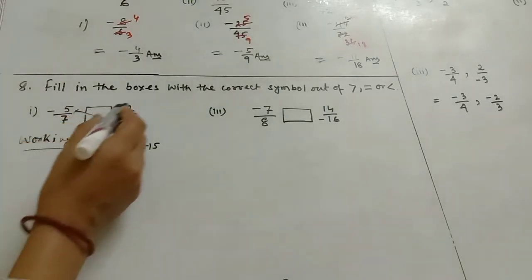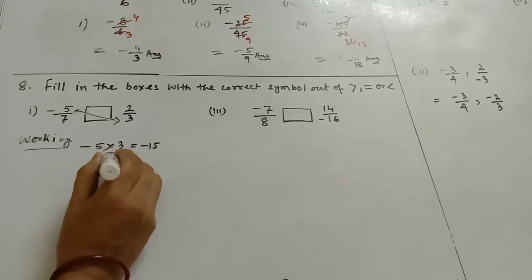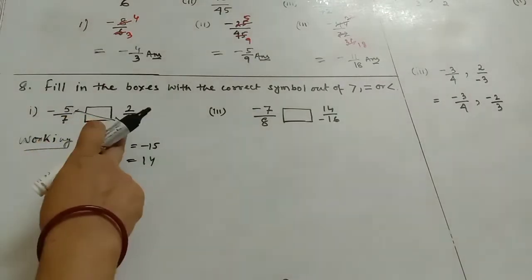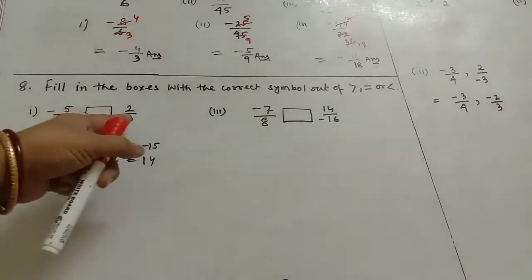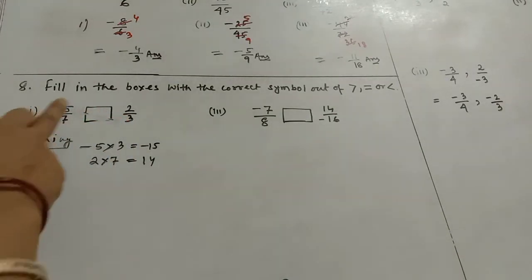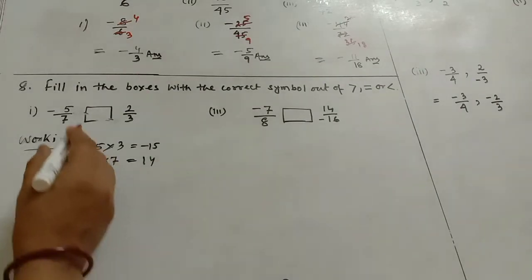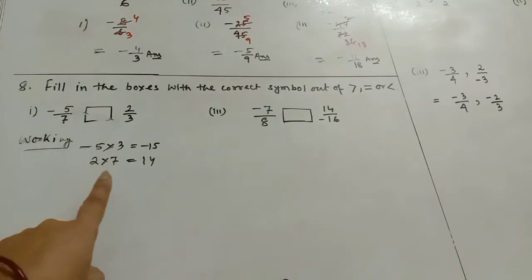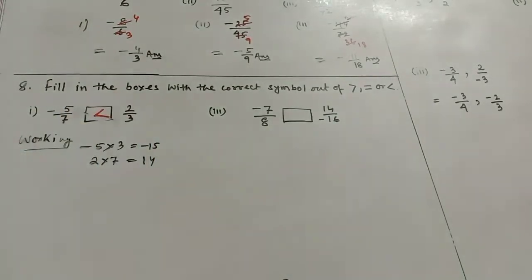In the second part, you will multiply 2 into 7, that is positive 14. Before I told you that as it is a negative number, it will be smaller than this positive number. But for this number only we can say this is smaller and this is greater. For another sum we have to show this working, that's why I have shown working here also. As it is less, you can put the less than sign.